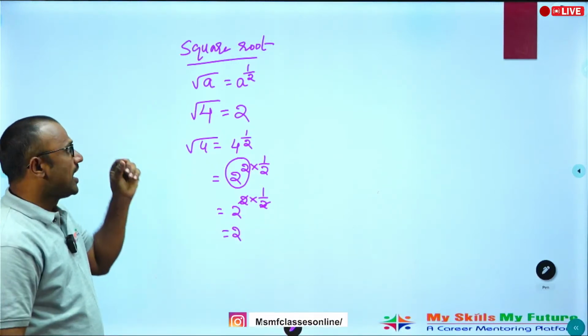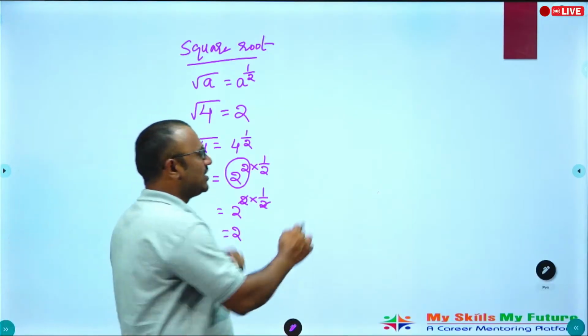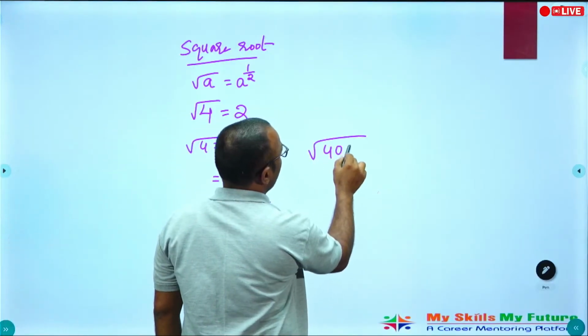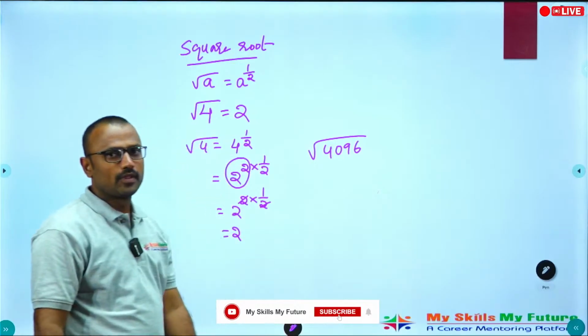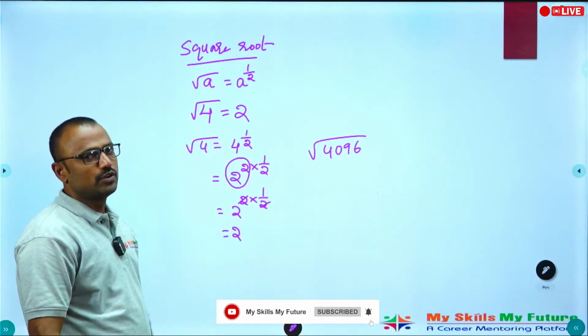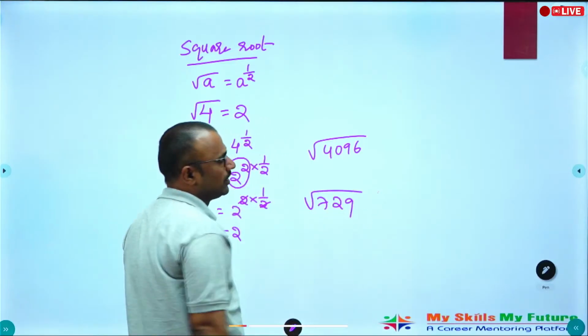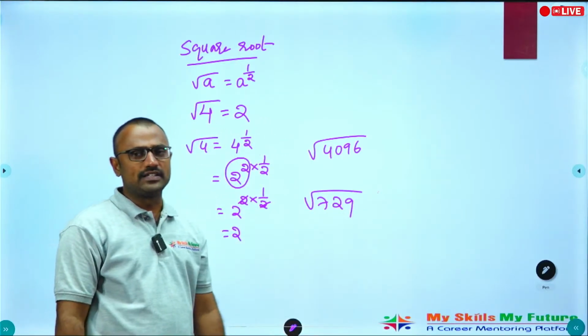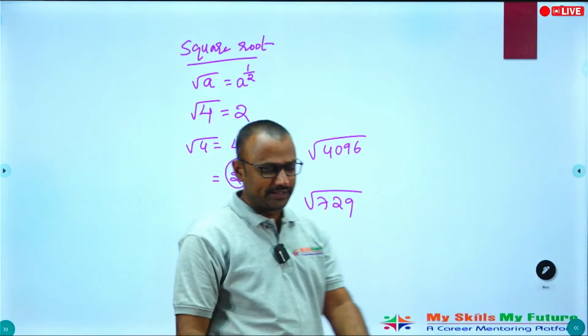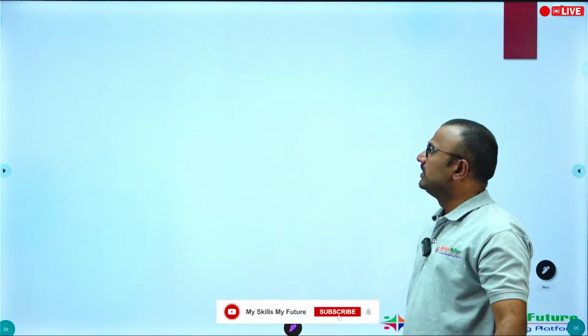If the number is simple, fine. But what is the value of root 4096? What is the value of root 729? How to find these root values in a simple way? Here I will give some examples.